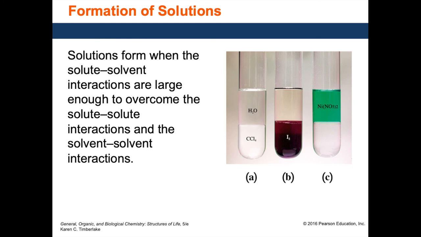Ions are so polar to the point that they have separate charges, not just partial charges. And so an ionic compound like nickel(II) nitrate will dissolve in water, and we'll see how in a few slides. But again, it will dissolve only in the water and not in the nonpolar carbon tetrachloride.